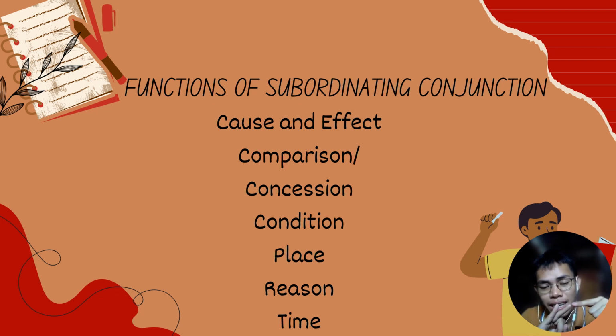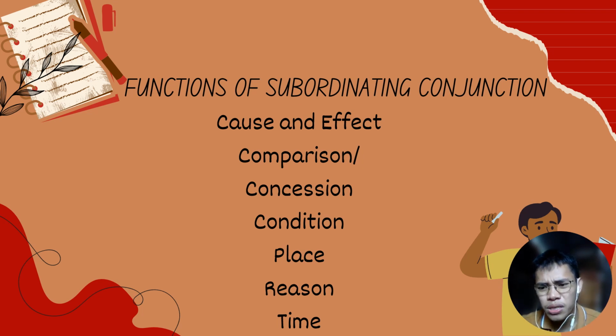So meaning it subordinates the clause we were out of milk. It clarifies the relationship that it is cause and effect. The word since also clarifies that the relationship between the two clauses is one of cause and effect, and it tells the reader that the independent clause I went to the supermarket is more important.